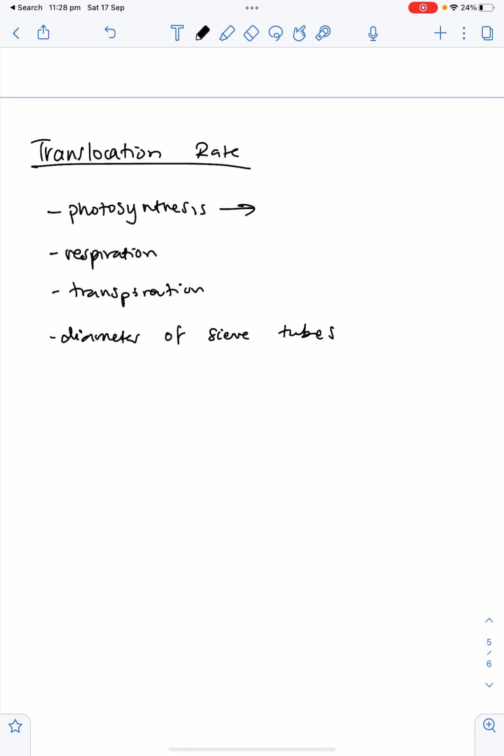Again, photosynthesis and respiration is just because of glucose needs. So if there's a high need for glucose in the roots, and more sugars are being produced by photosynthesis, then obviously it would move towards the root at a faster rate.